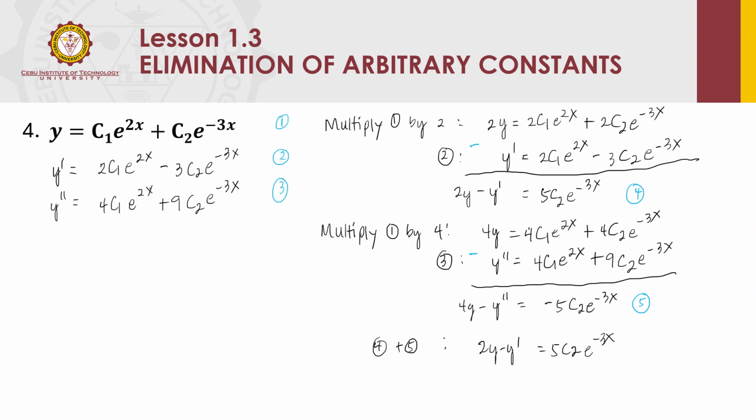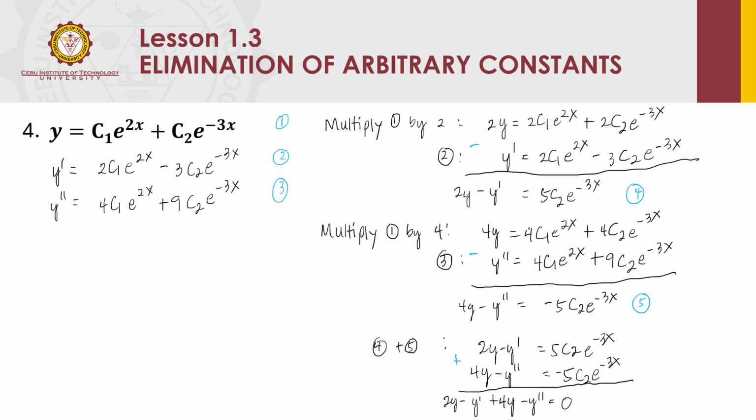Y double prime equals negative 5 C2 e to the negative 3x. So the operation that we need should be addition to eliminate C2. So the result would be 2y minus y prime plus 4y minus y double prime and then 0 on the right side.